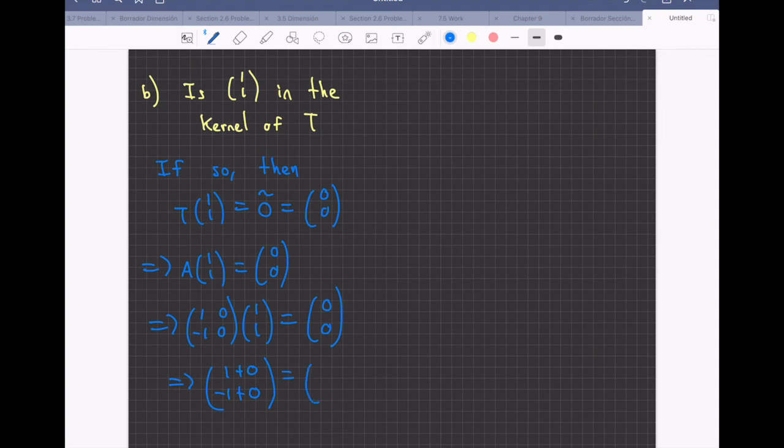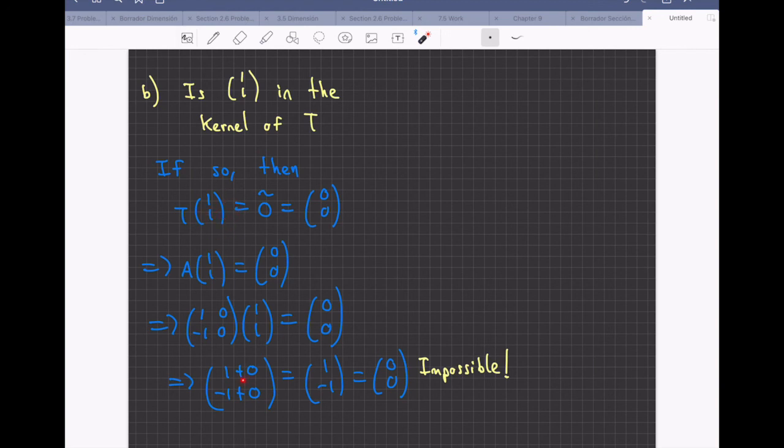From the left side we obtain 1 and negative 1. Is that equal to 0, 0? No, it's impossible, right? Because this implies that 1 should be equal to 0 and negative 1 is equal to 0. So we cannot have that. So this element 1, 1 is not in the kernel for this transformation.